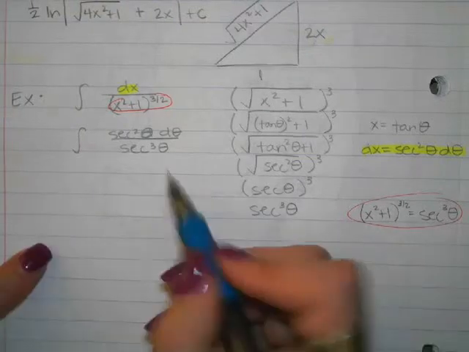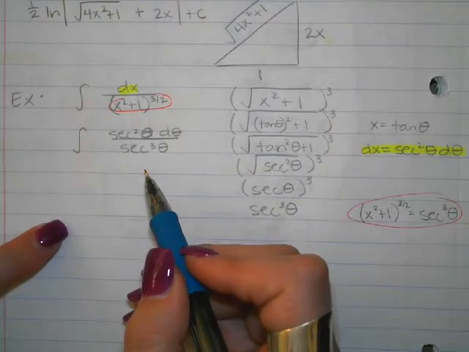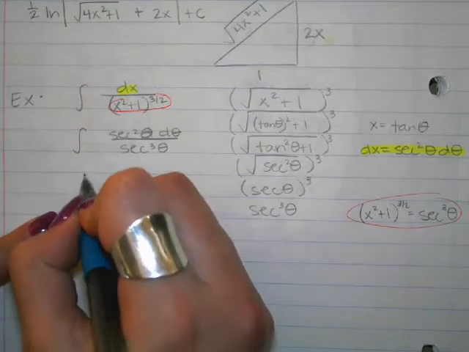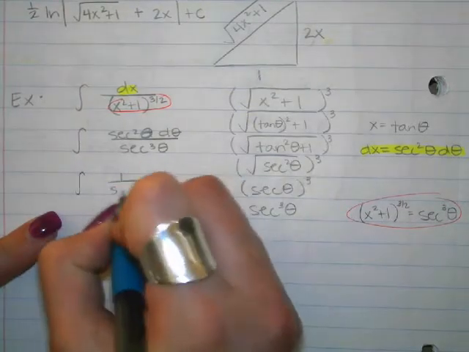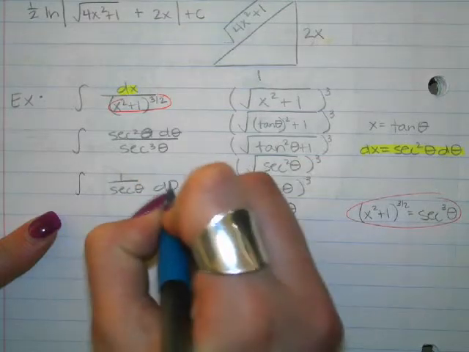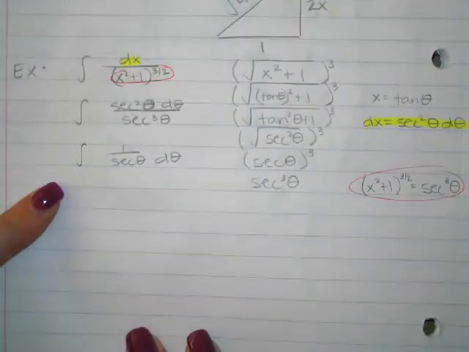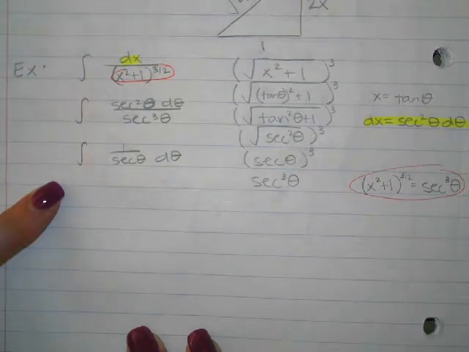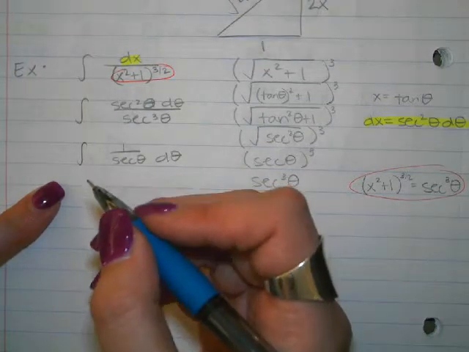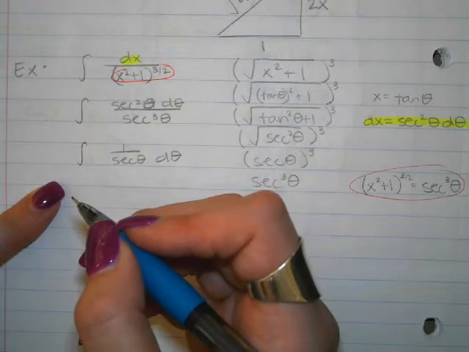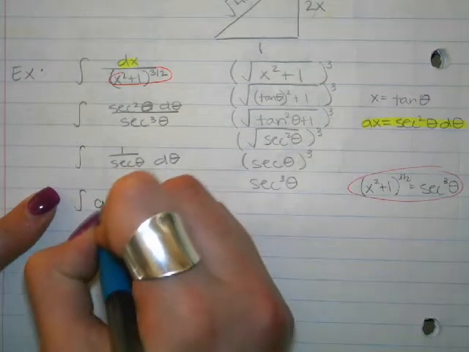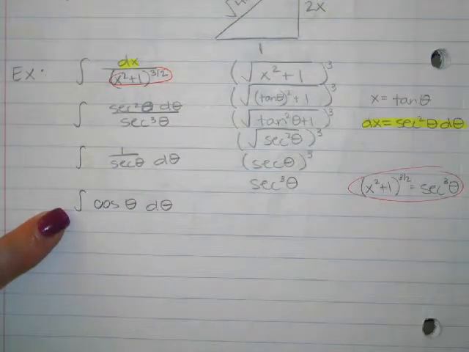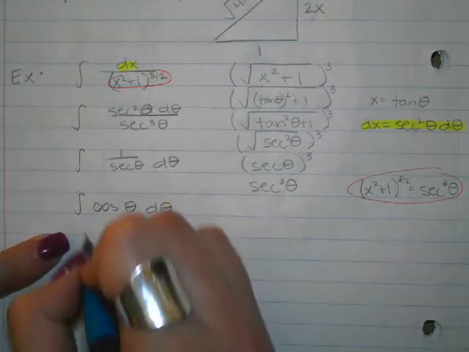So what's that? 1 over secant. And what is that? 1 over secant is cos. And the antiderivative of cos is sine.